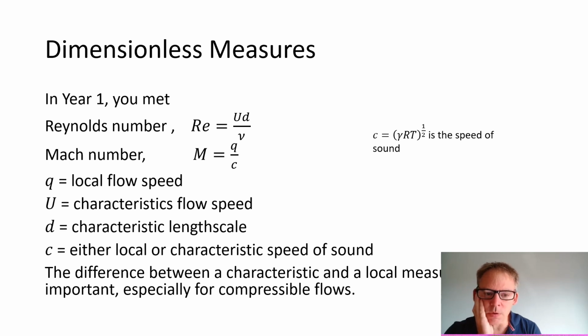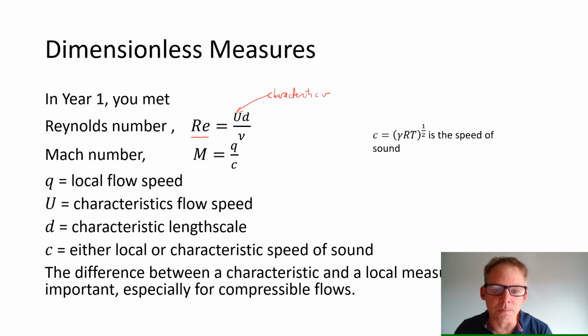Now, we've met dimensionless measures before. Certainly you'll all be familiar with the Reynolds number being defined as the product of a characteristic velocity and a characteristic length scale, divided by the kinematic viscosity.